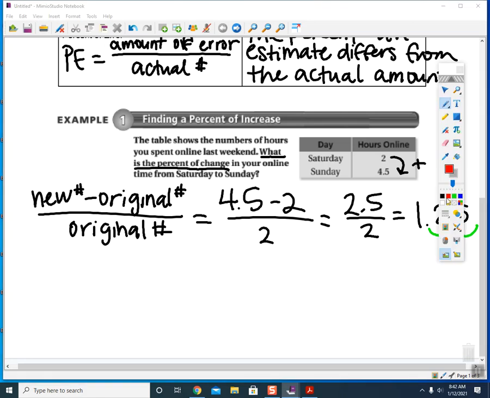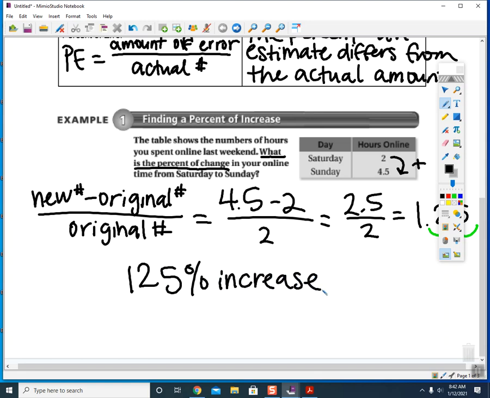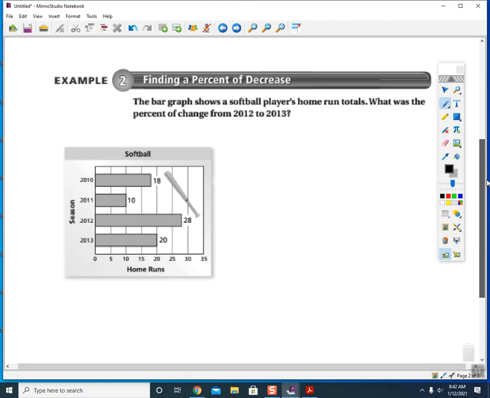So that means that our answer should actually be 125%. This is an increase. We need to make sure that we are acknowledging whether it's a percent increase or decrease, because that matters here, right? So it's a 125% increase from where we started. All right, let's go to the next page.